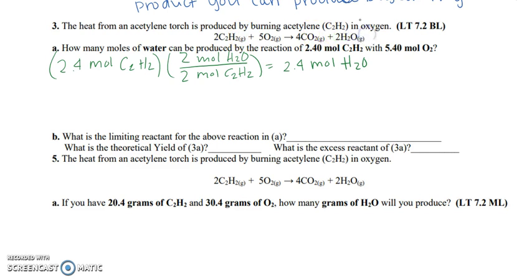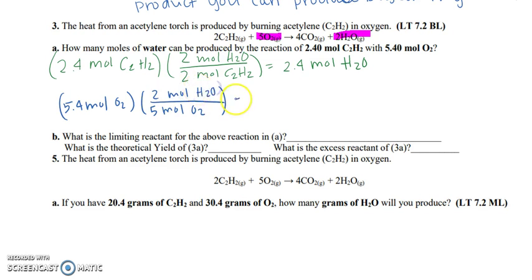I have another option. Instead of using the C2H2 I'm given, I could use all of the oxygen I'm given and turn that into water. And so let's try that. If I use 5.4 moles of O2, and then I look at my coefficients in my ratio, for every 5 moles of O2, I can produce 2 moles of H2O.